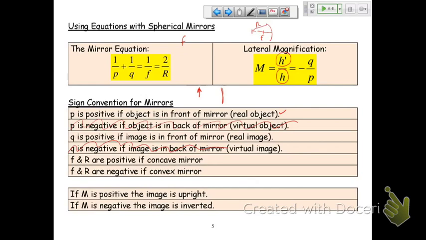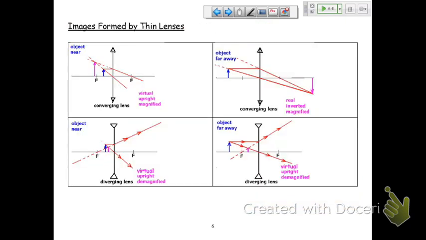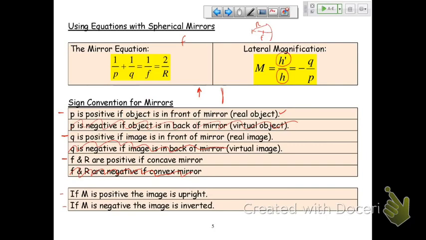That's completely arbitrary, but it goes with these other two, so you've got to keep the three together. And again, it's negative if it's not. So learn: concave, it's positive. That was the first thing we dealt with, concave before convex. If the image is in front, positive. If M is positive, the image is upright, and if M is negative, the image is inverted.